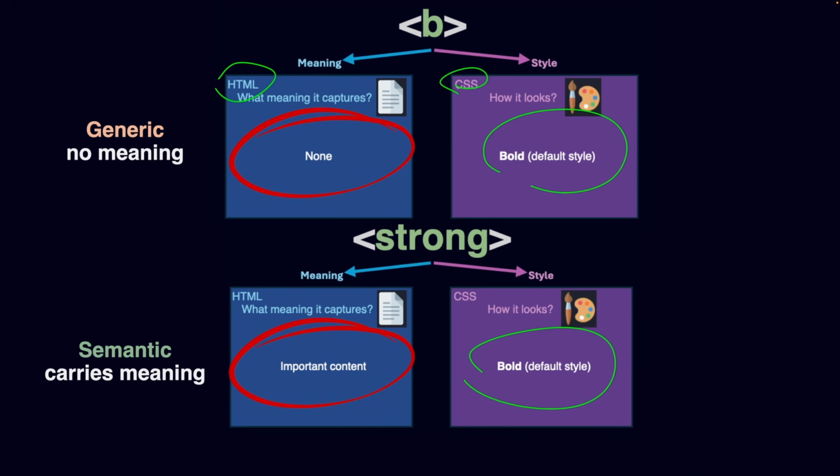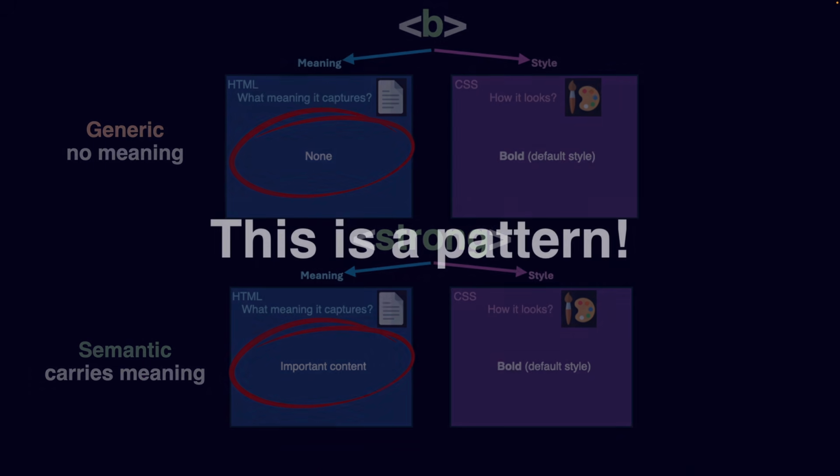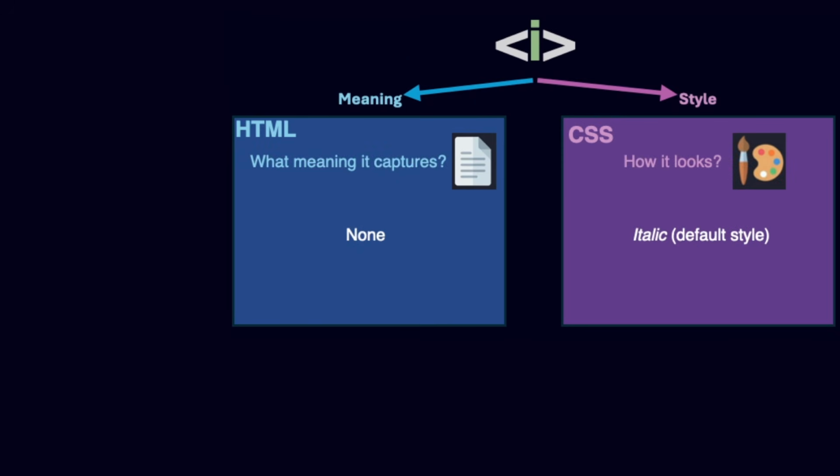Here's what I want you to notice. This was not a special case. This is a pattern in HTML, and you see it almost everywhere. Let me show you the same pattern using a different pair of tags. In the previous lessons, we saw the I tag, which by default made its content italic. And the I tag is a generic tag because it does not capture any meaning.